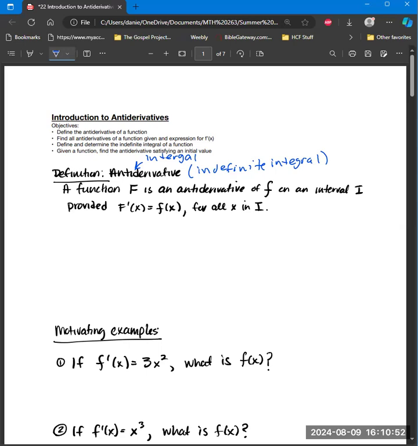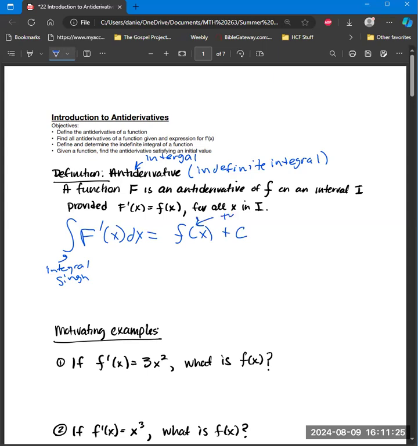So we're looking for something that looks like this. The integral of f prime of x dx is going to be equal to f of x plus c, like that.